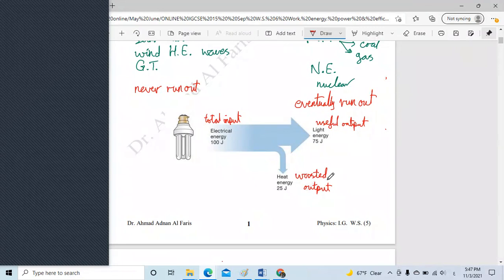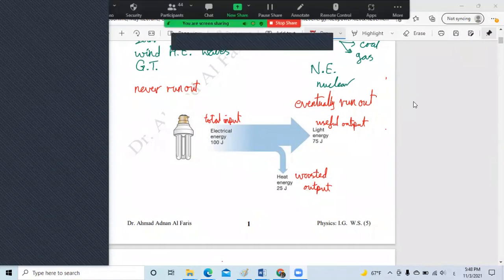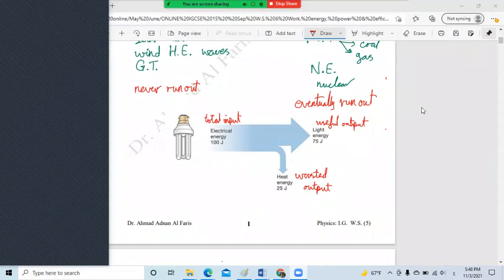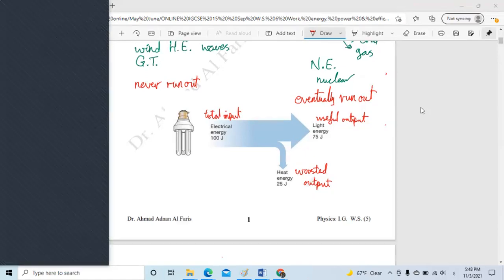For example, I have money, 50,000 GD, and when I buy the car, I transfer it from cash to the value of a car. And this car maybe becomes more expensive in the future, or it will be less in price. So it depends on how efficient it is, and we are going to talk about it.